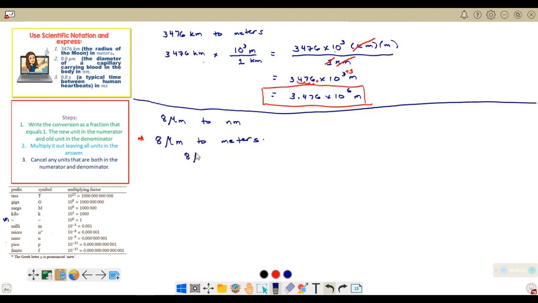We have 8 micrometers times. So, the new unit is m. The old unit is micrometer. Now, for every 1 micrometer, how many meters are there? Let's look it up on our table. This is micrometer. So, we have 10 raised to the power of negative 6.